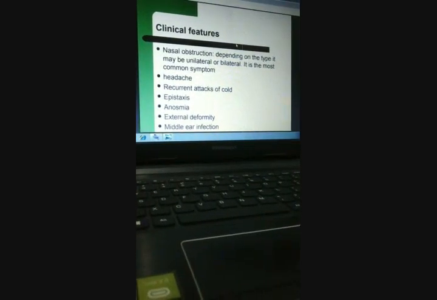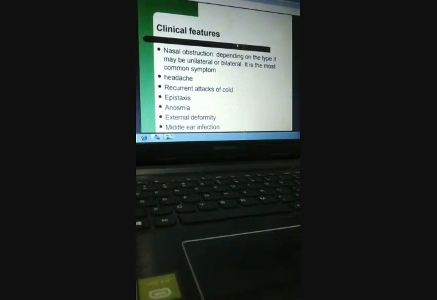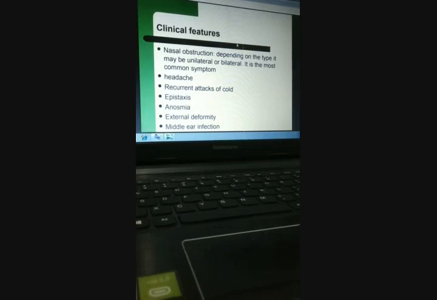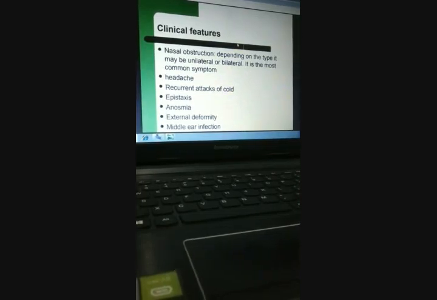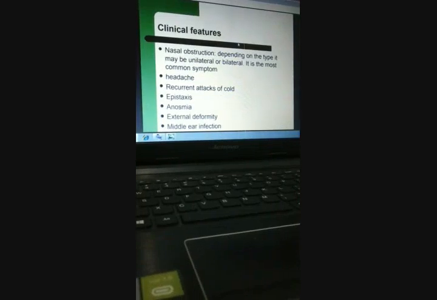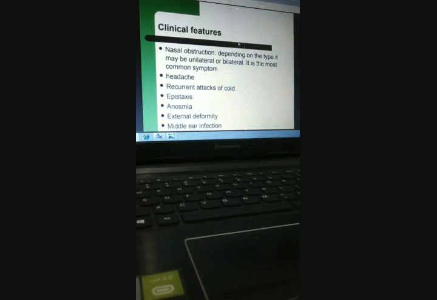Usually the septum is deviated and covering almost the nasal cavity. And on the other side we will see there is hypertrophy of the inferior turbinate. This is compensatory hypertrophy.